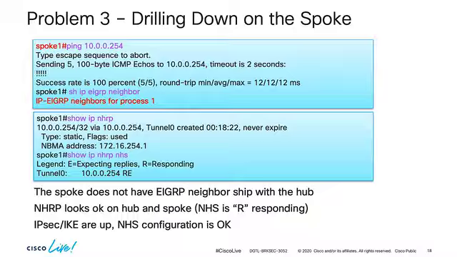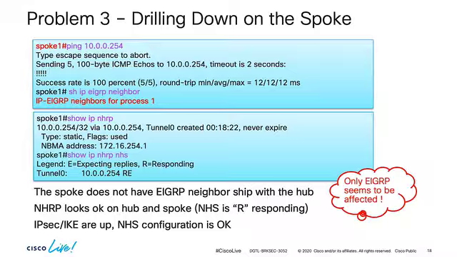The second module, encryption, looks okay. And even within NHRP, it looks okay because we are seeing the NHS configuration okay, and we are seeing registration requests and replies being sent and received. So it's something very specific with EIGRP.